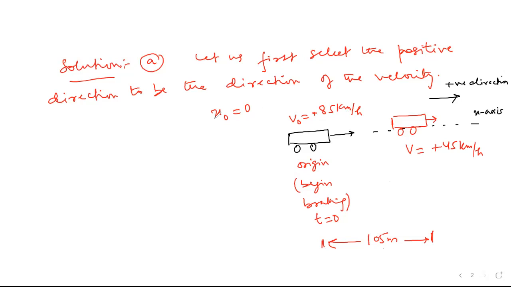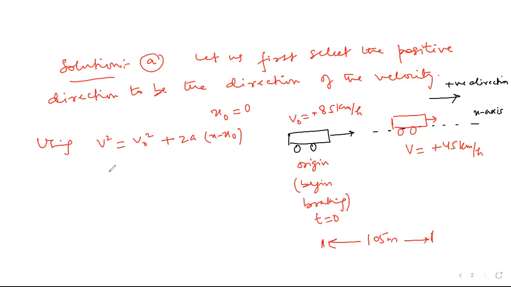Now, we are asked in part A to find the acceleration. To find the acceleration, we need an equation which does not involve time, because in my data, the final velocity, initial velocity, and displacement are given. So I will use the equation v squared is equal to v naught squared plus 2a times x minus x naught.